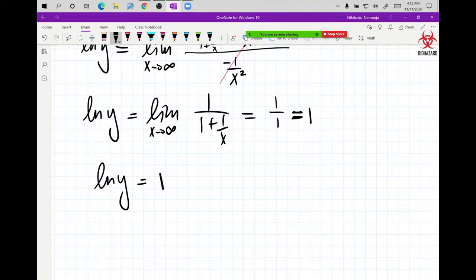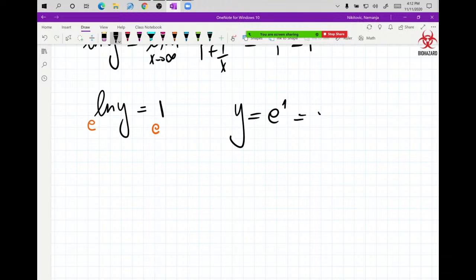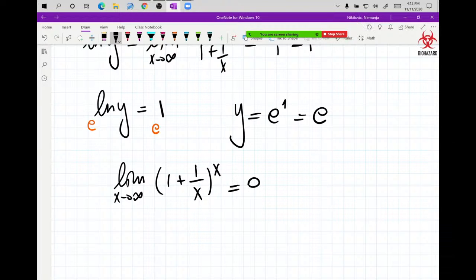And you just need to get rid of ln now, which obviously you get rid of by exponentiating e to both sides. And your y is equal to e to the 1, which is just e. That means that the limit as x goes to infinity of 1 plus 1 over x to the x is equal to e.